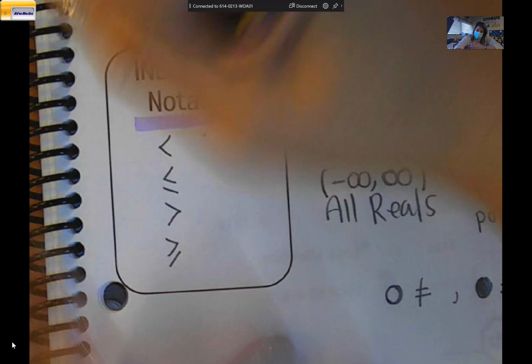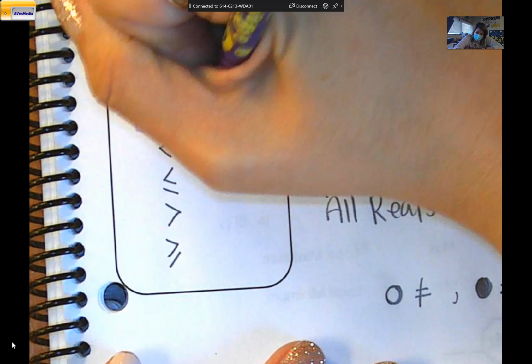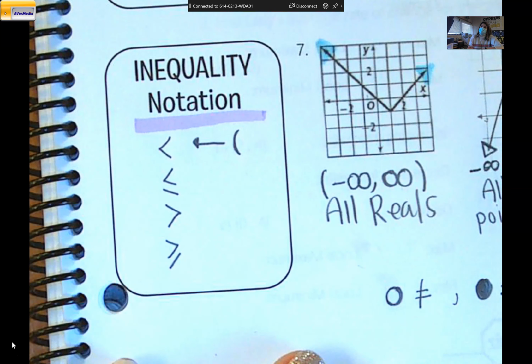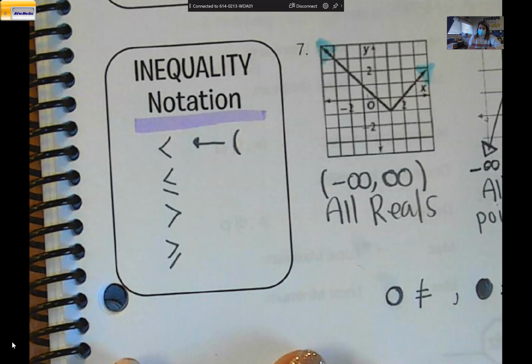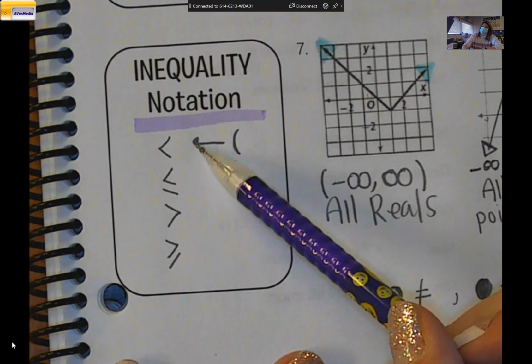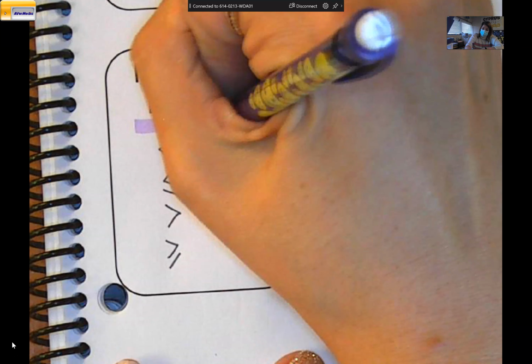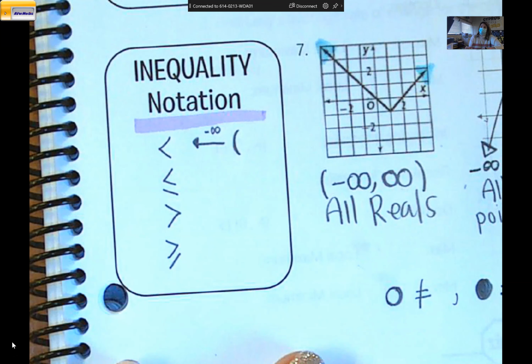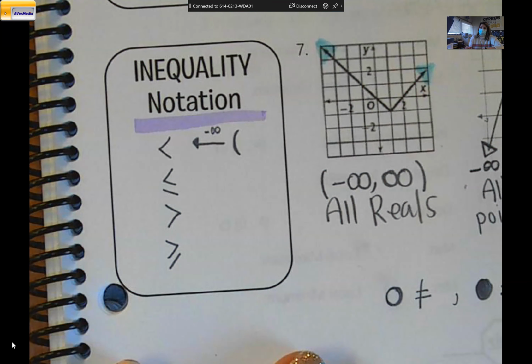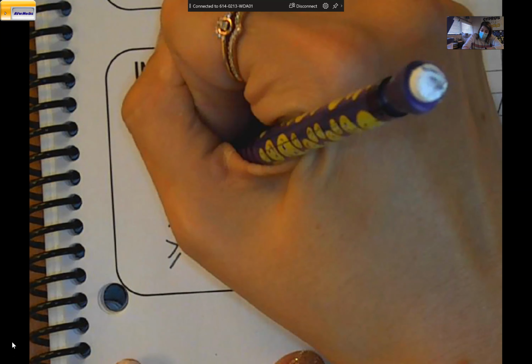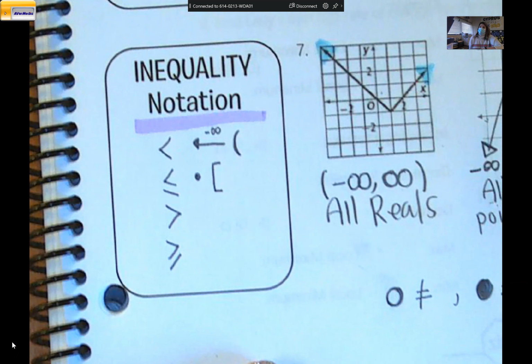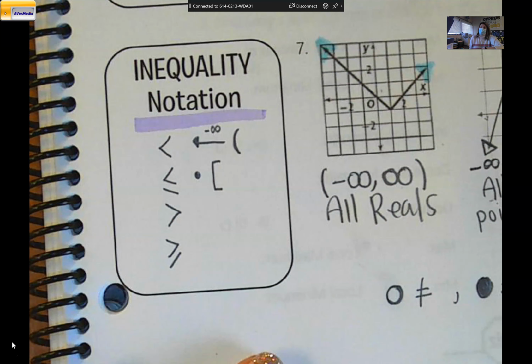If you see an arrow pointing toward the left, or you see a parenthesis, you would use a less than, because that means not equal to. If it's an arrow, that means it's going to negative infinity, and we cannot equal negative infinity. If you see a point or a bracket, that's going to be a less than or equal to.